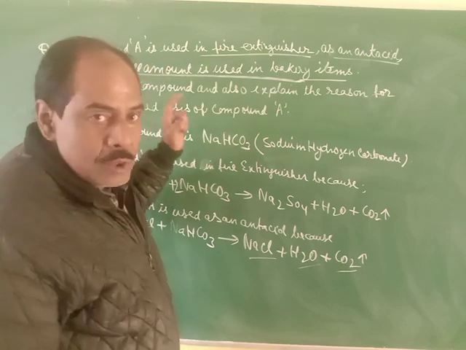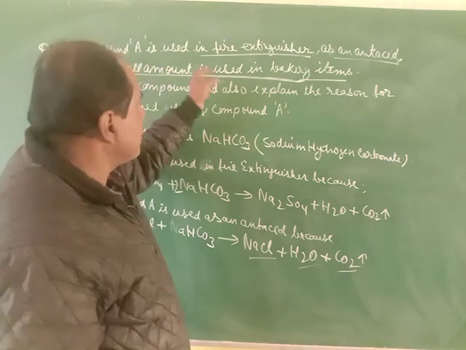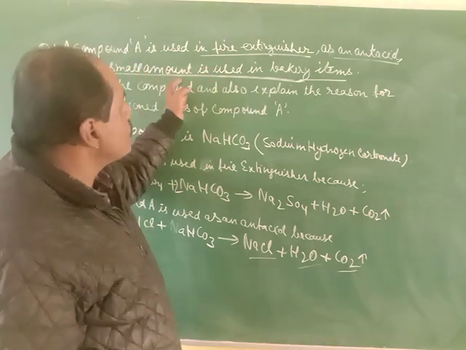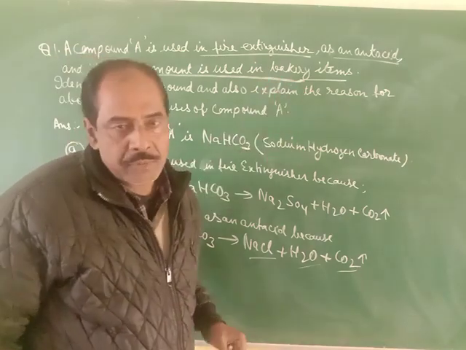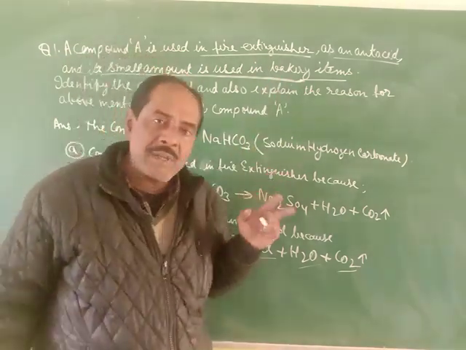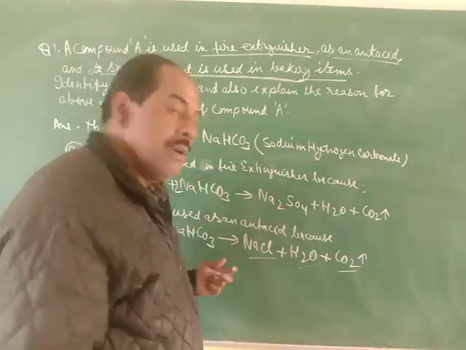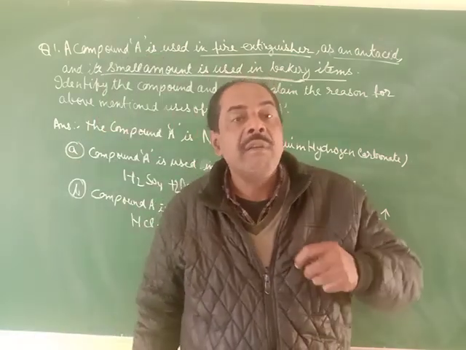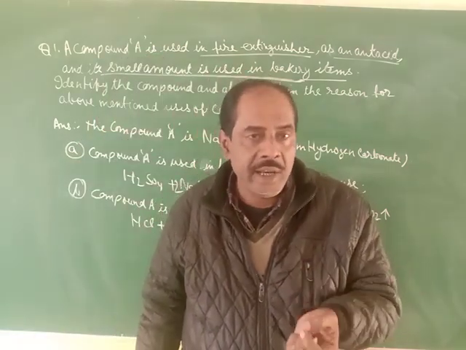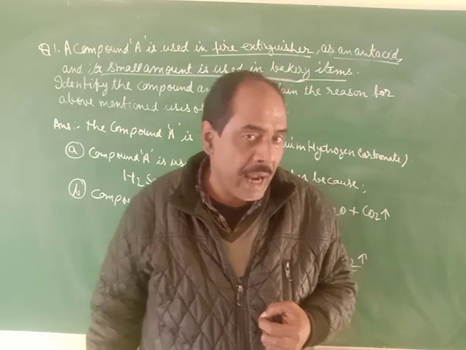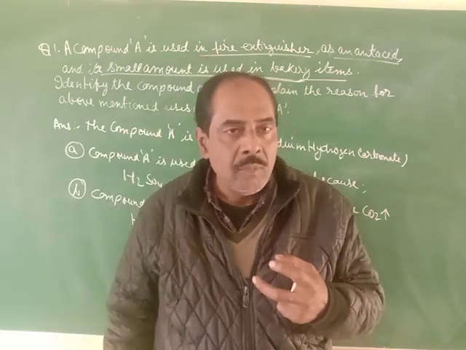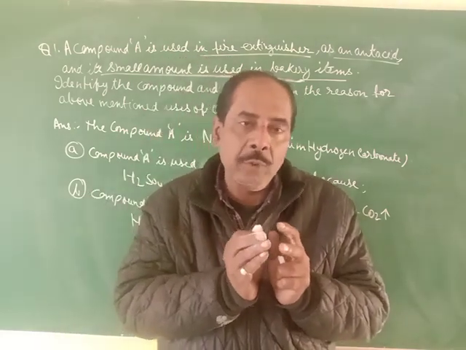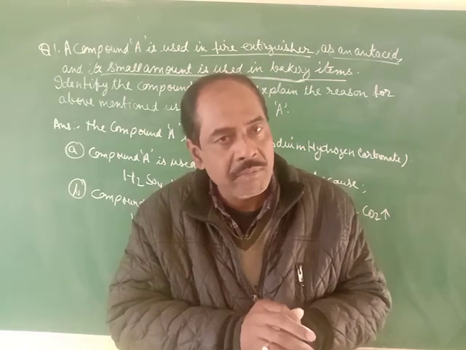Students, now I am in a position to come to the last reason, that is why it is used in bakery items. It is used in bakery items because sodium hydrogen carbonate reacts with tartaric acid in the baking powder that we add in the dough. This acid has the ability to give H plus ions.